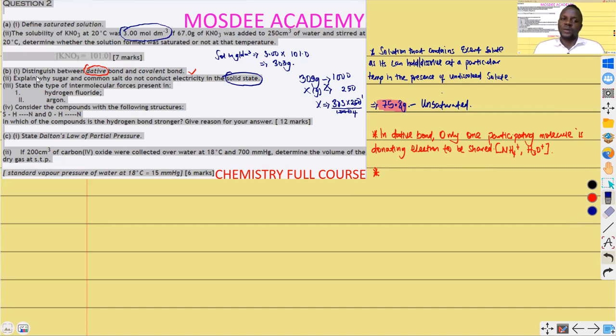So look at the sugar and common salt. Common salt is your NaCl. In sugar, you can just say sugar molecules are basically held by covalent bond. And because they are molecules, they are tightly held.